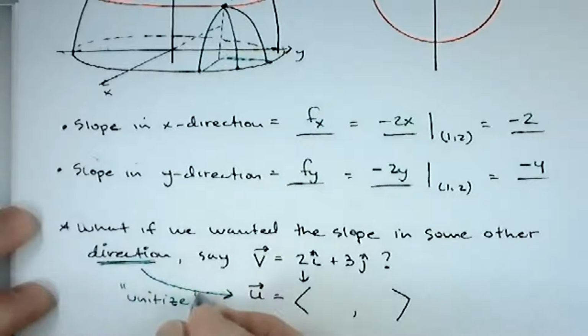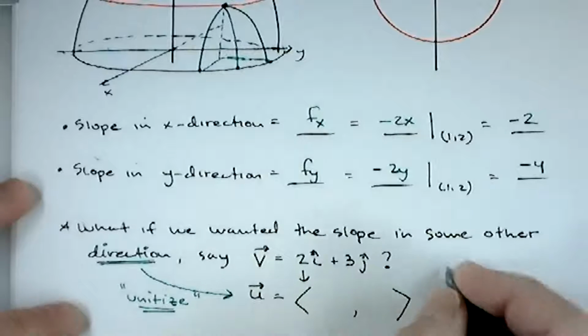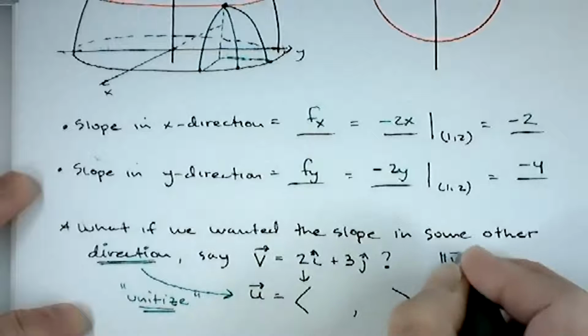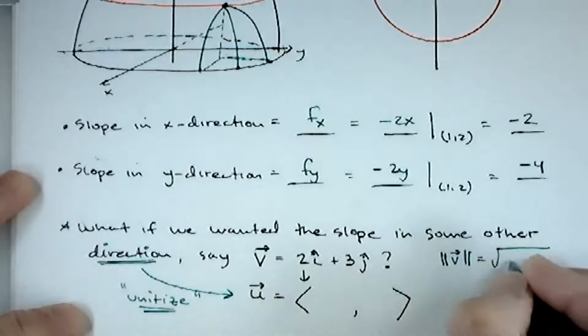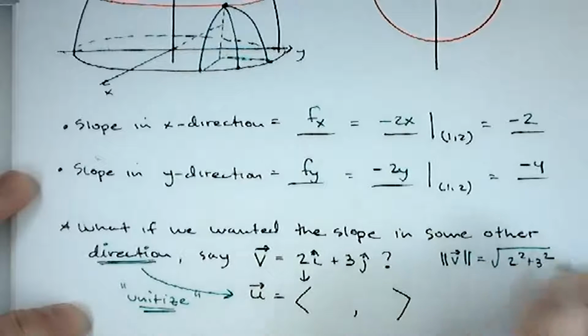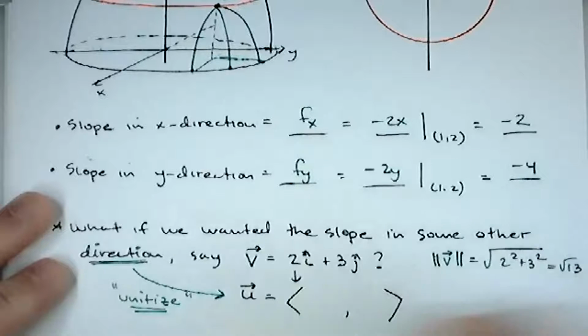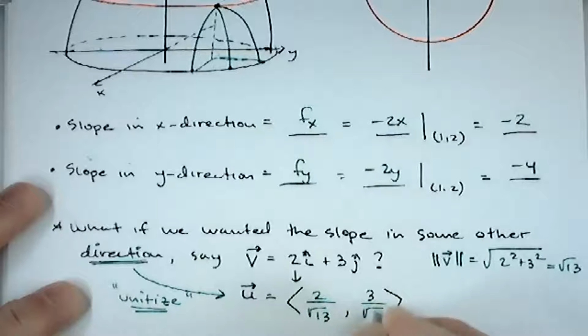Whenever someone specifies a direction, oftentimes we want it as a unit vector. Remember how to do that. You just divide by the magnitude of v. The magnitude of v is the square root of 2 squared plus 3 squared, which is root 13. So this as a unit vector is 2 over root 13, 3 over root 13.